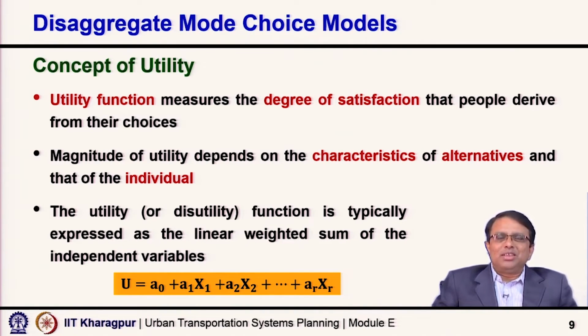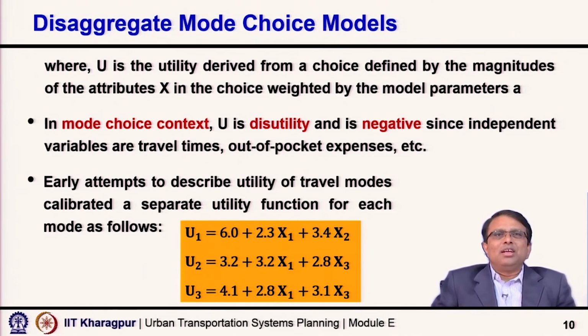So, the utility function is typically expressed as a linear weighted sum of the independent variables, as shown here on the screen, an example. As I said, u is the utility derived from a choice defined by the magnitudes of the attributes x. You have x1, x2, x3: x1 may be waiting time, x2 may be the fare, x3 may be the in-vehicle travel time, meaning when you are traveling inside the mode of transport, that is called the in-vehicle travel time.